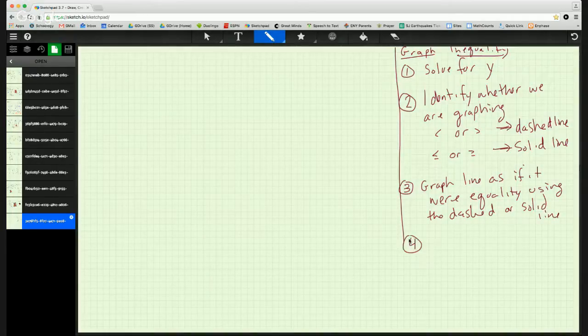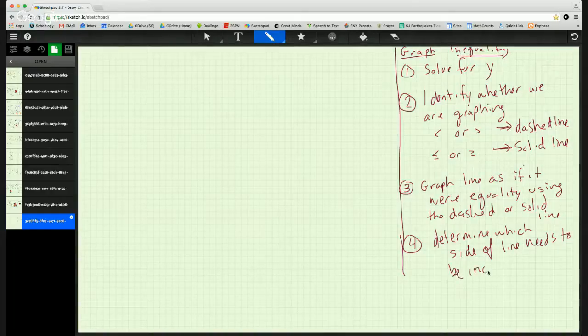And then 4, we determine which side of the line needs to be included and shade that side.